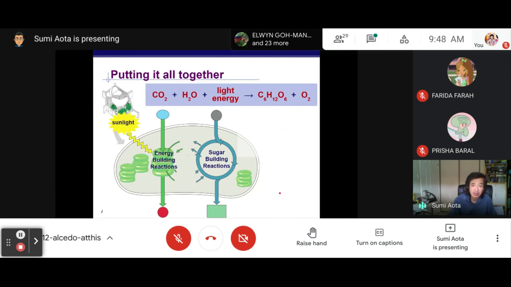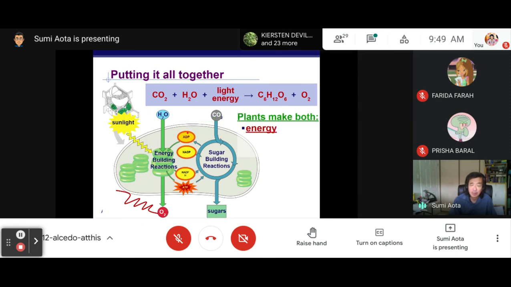So putting it all together, sunlight and water make ATP and NADPH, releasing oxygen. Then carbon dioxide comes in, building sugars, using ATP and NADPH, regenerating ADP and NADP plus. So plants make both energy, ATP and NADPH, and sugars.